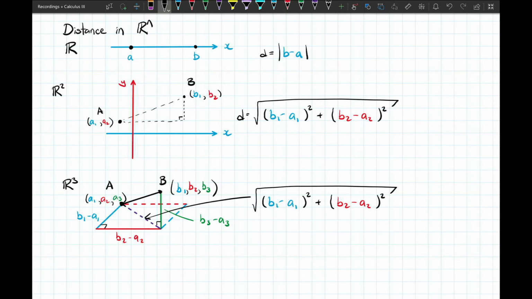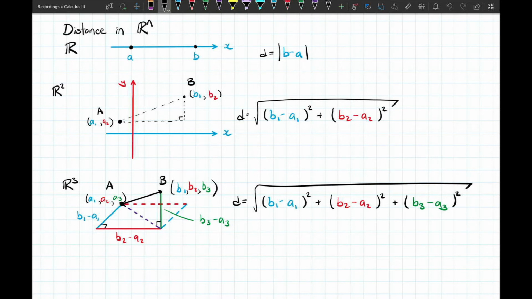That is going to form the basis of another right angle triangle that gets us the actual distance that we need, using the green distance B3 minus A3. So for that triangle, we need to square our purple side. That cancels the square root, and we have to add the length of that green side squared, B3 minus A3 all squared, and then we have to square root the result again, and that gets us our distance.